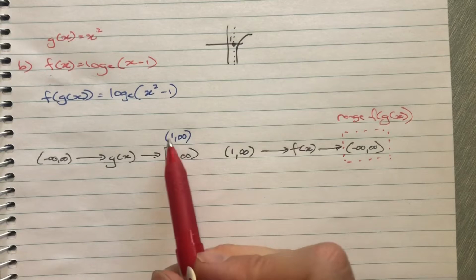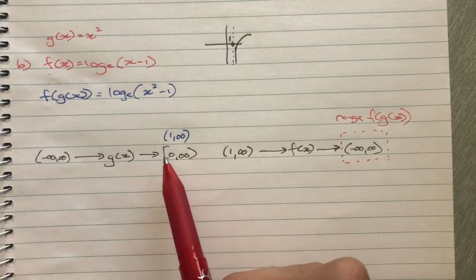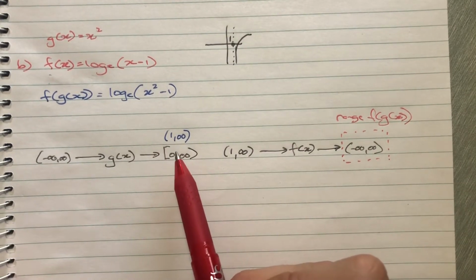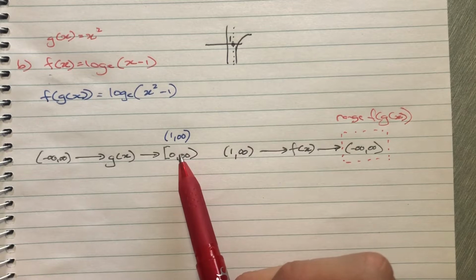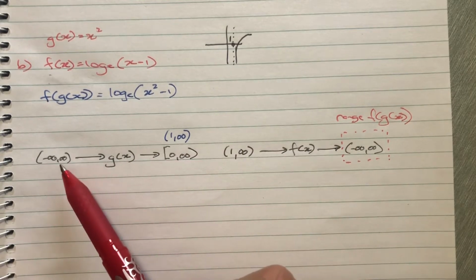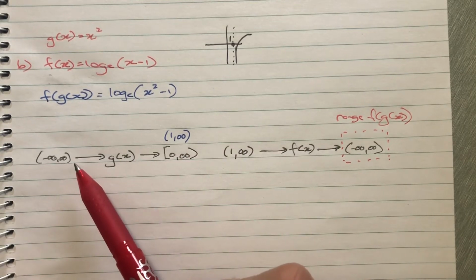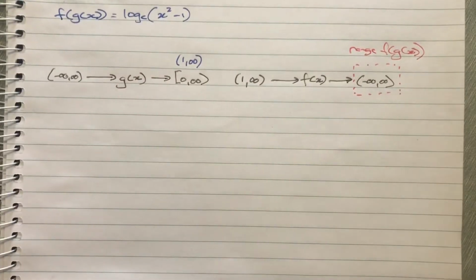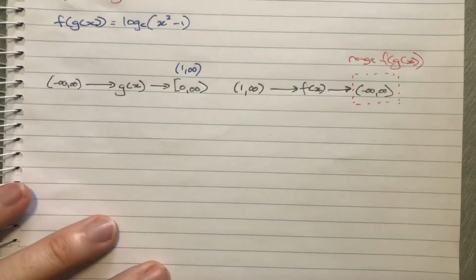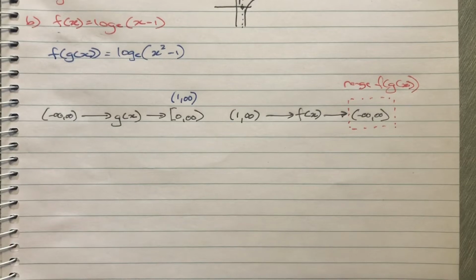Alright, but we had to change the range of g over here, didn't we? Now if we restrict the range of g, that means it's also going to cause a restriction on the domain of g. So I'm going to set up a little graph again just to show you what's actually happening.